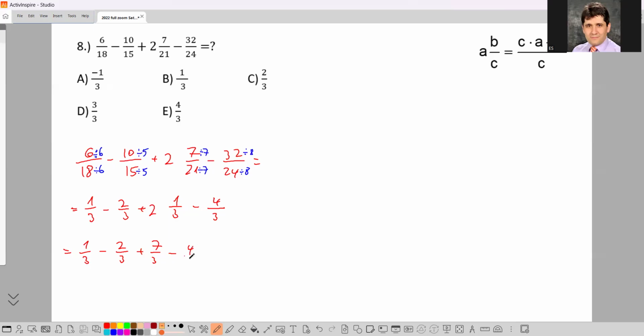Because it's a common denominator, we just subtract and add the numbers here. 1 minus 2 plus 7 minus 4. That makes it 9 minus 6. Is it 8 minus 6? Sorry. 8 minus 6 over 3. That is 2 over 3. So the answer is C.